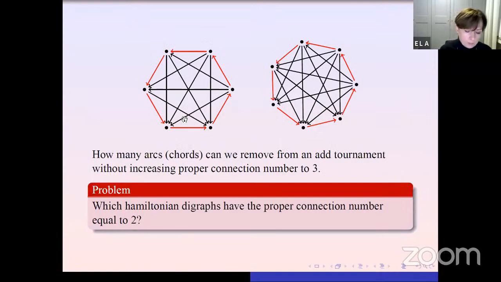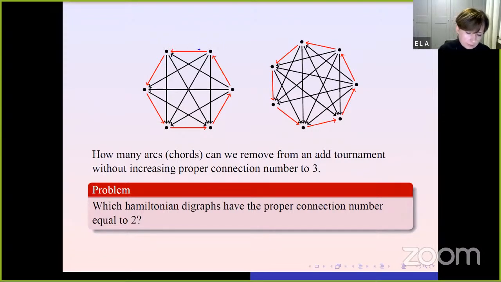So again, if we have a tournament and it is strong, then it has a Hamiltonian cycle. If it has an even number of vertices, then we can color the arcs of this cycle with 2 colors. And going through the arcs of the cycle, we can always find a properly colored path.